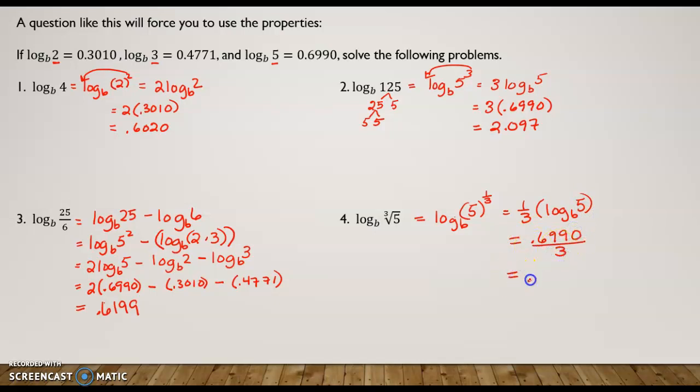And this is one you can do in your head too. 3 into 6 is 2, 3 into 9 is 3, and 3 into 0 is 0. So that would be your final answer. When you've got a log base b of a number, you really have to pay attention to those properties we had back in the first video that we've been using in all the other videos too.